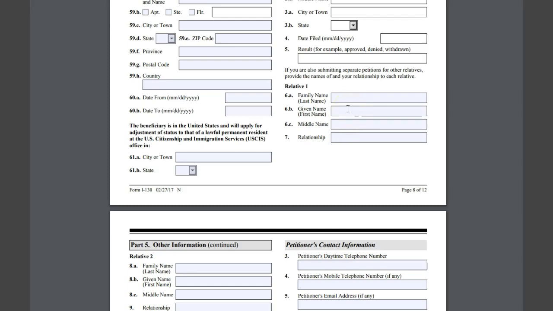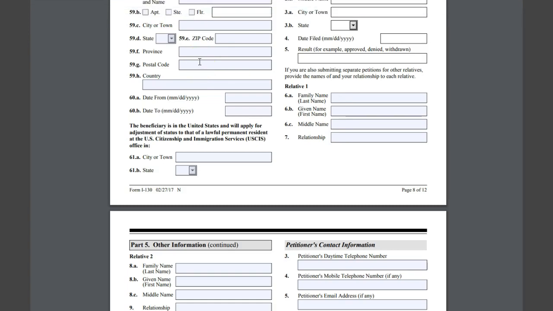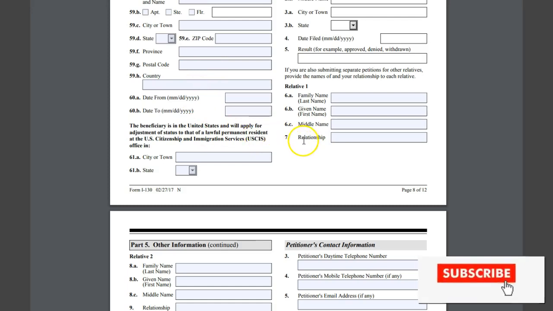We know some situations where, when you are a US citizen, let's say you are filing for your wife and you're filing for your kid at the same time. Unfortunately, if you're filing for your wife and your kids, it's going to be a different petition. Okay, let me repeat again. US citizen, if you're filing for your wife and your kids, it's going to be one I-130 for your wife and one I-130 for every single child.